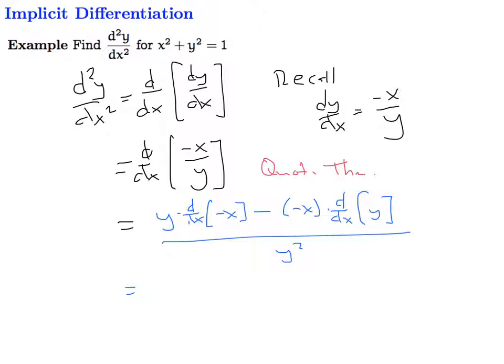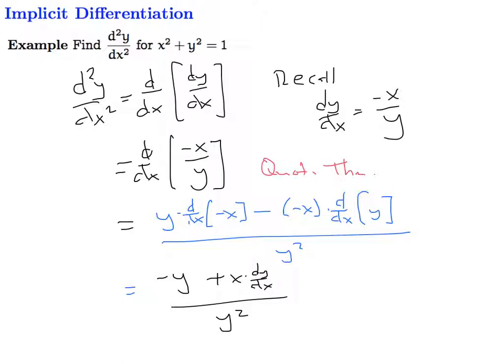So simplifying, we end up with negative y plus x times dy over dx, all over y squared. And you may think, hey, I've done it. This is good. We're good to go.